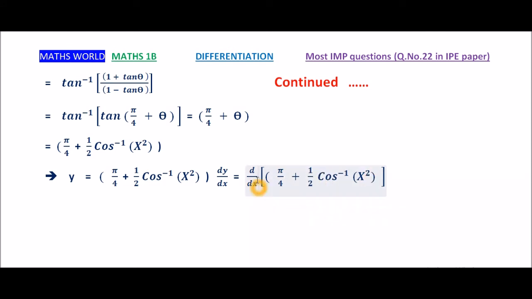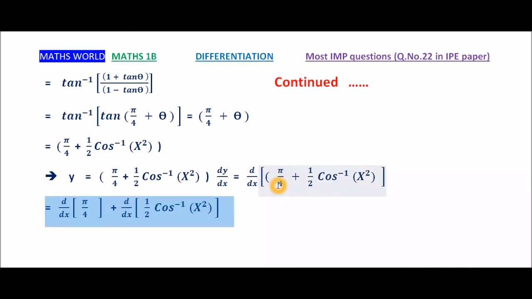We got this step. And also we know the derivative of two terms in between: d by dx of u plus v is du by dx plus dv by dx. So take derivative for these two terms in the bracket. So that is equal to d by dx of pi by 4 plus d by dx of half cos inverse x square.